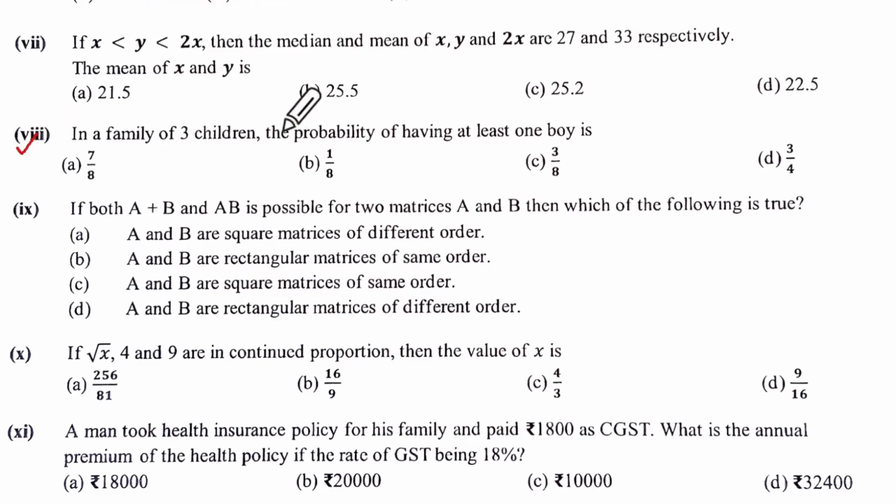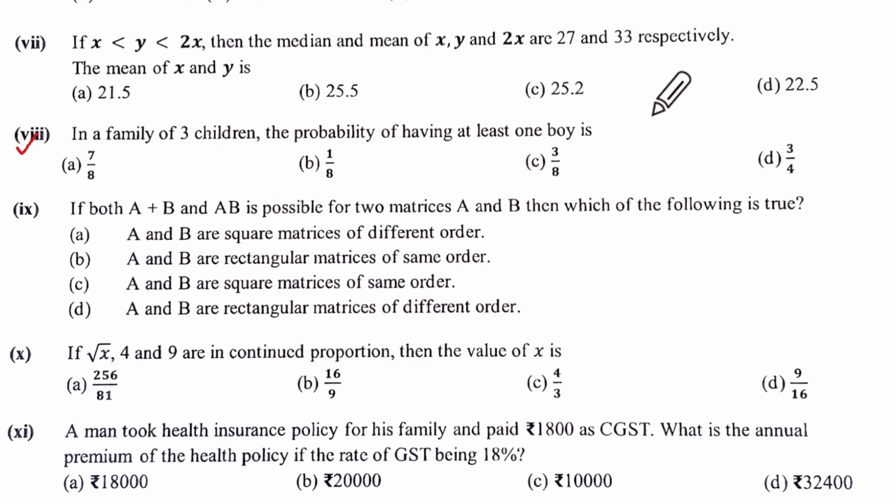In a family of 3 children, the probability of having at least one boy. Just the family, no? And there are 3 kids. So how are they giving 8 over here?